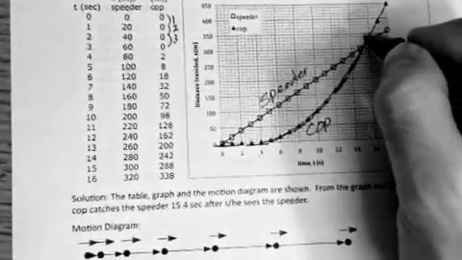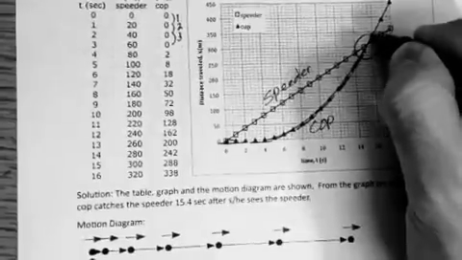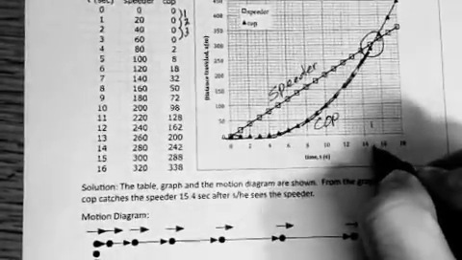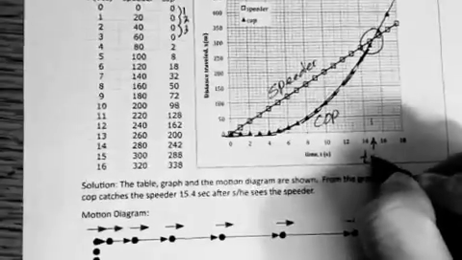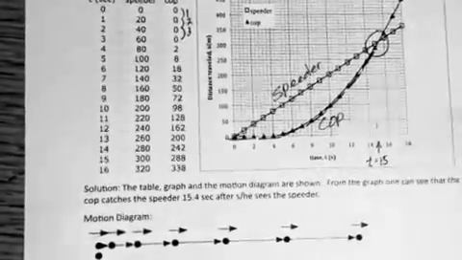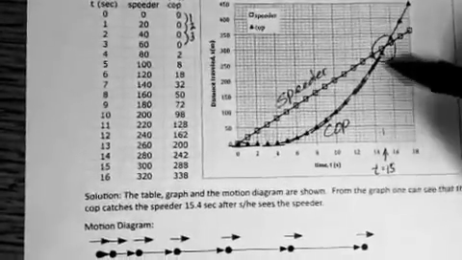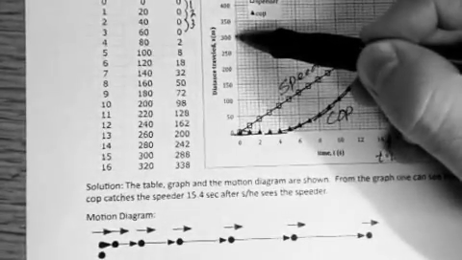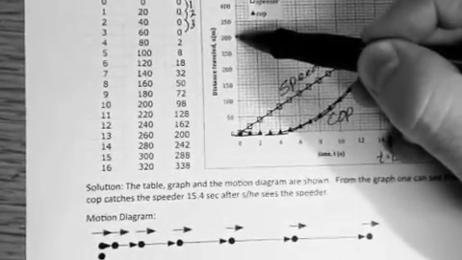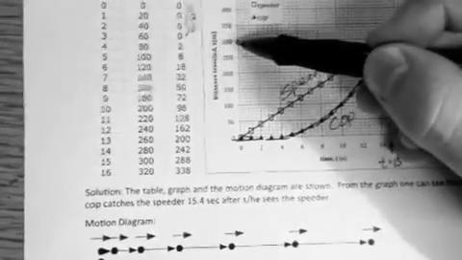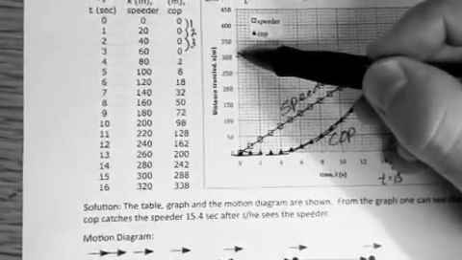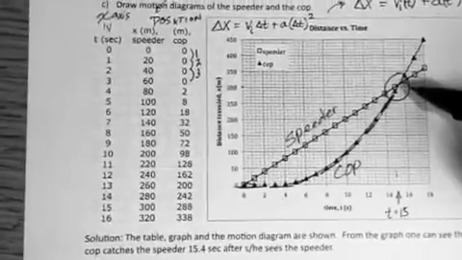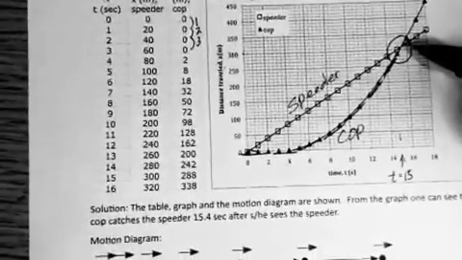Now I have a question to ask ourselves: what happens right here, at about t equals 15 seconds? Let's look to the left and analyze. They're at the same position. They've traveled the same distance, about 320 meters maybe at that point. So that's where the cop actually catches up to the speeder.